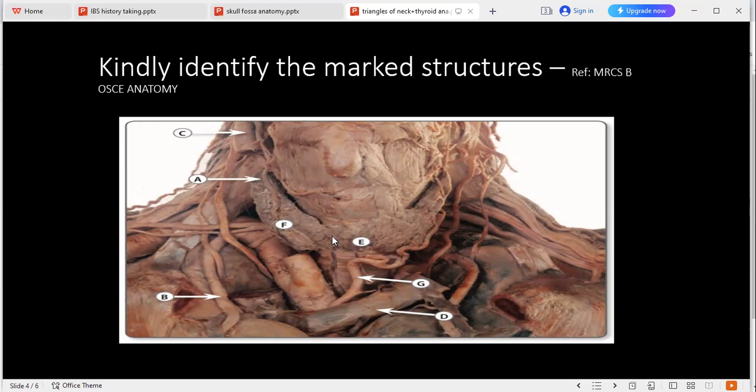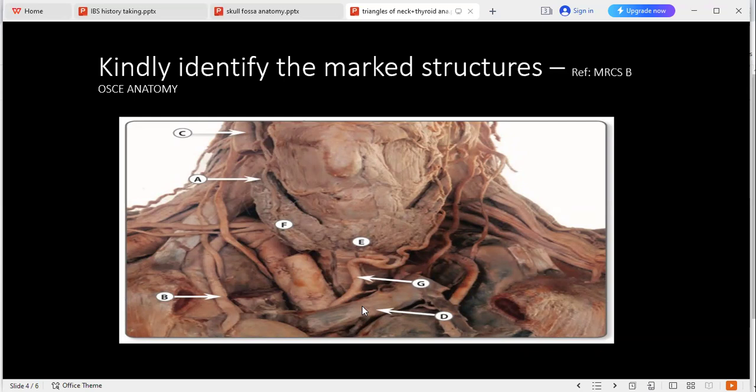Looking at this view, which landmark is used in case of emergency airway? We can do a cricothyroidotomy between the thyroid cartilage and cricoid cartilage. So we do a needle cricothyroidotomy through the cricothyroid membrane.